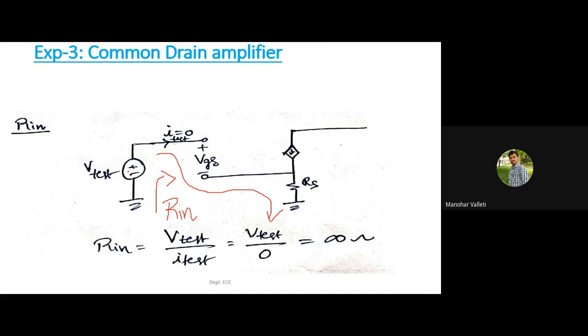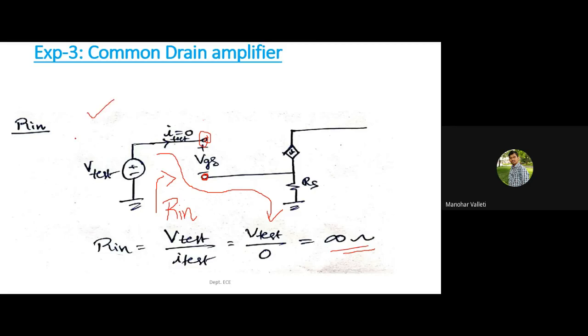So V test by I test will give you the input resistance, right? Because the circuit is open here, the current flowing through the input path is 0. So without further calculations, I can directly say Rin equals V test by I test, and as I test is 0, the input resistance is infinite. That is how you find the input resistance of the common drain amplifier.